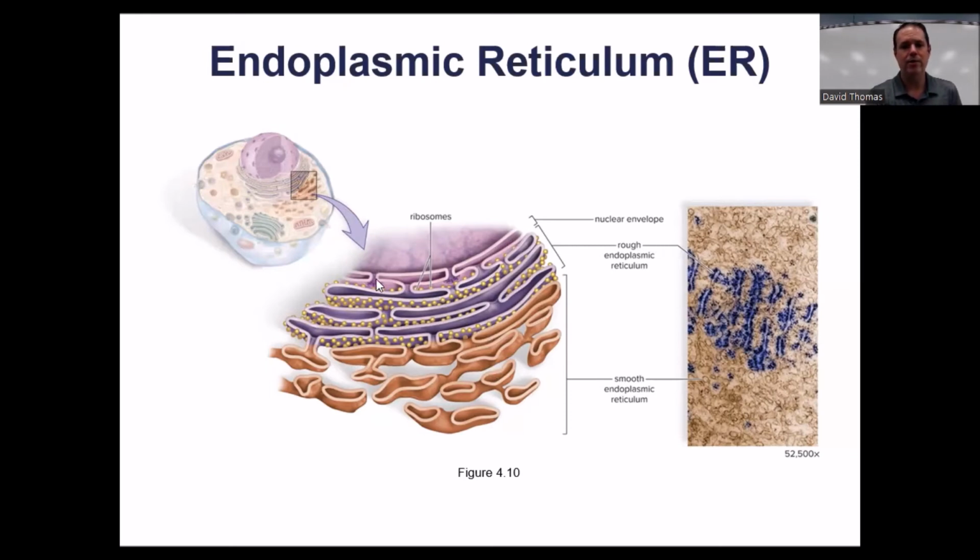Here's the outer nuclear envelope, and continuous with this is a series of flattened membranes. That's the endoplasmic reticulum. Notice that some of these membranes, the ones next to the nuclear envelope, have small circles or dots associated with them.